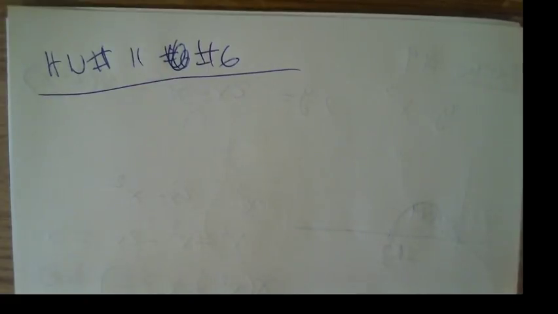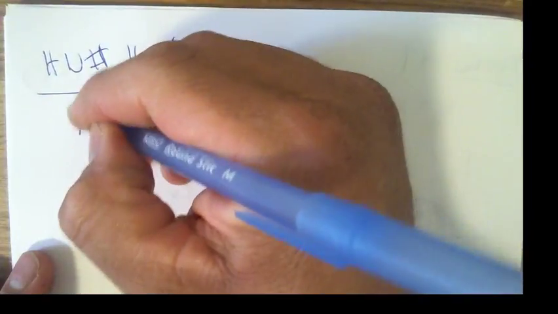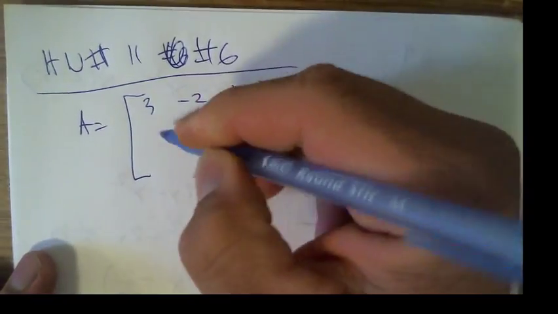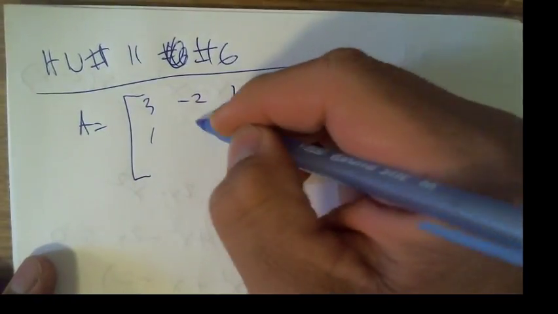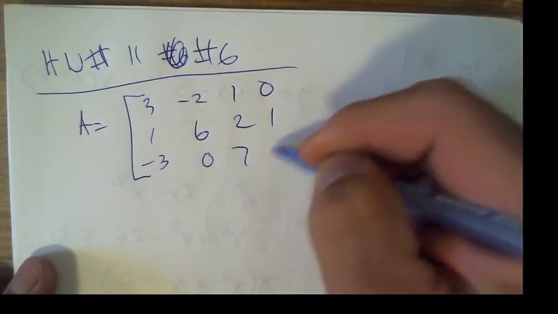Now, when we read through this problem, one thing to notice is that for number 6, they give me a matrix A, with entries 1, 6, 2, 1, 0, 7.